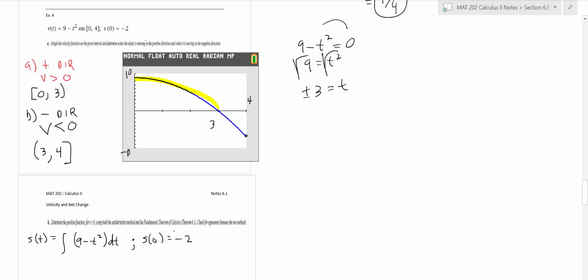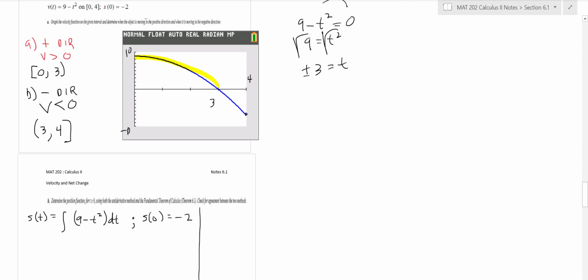So I'm actually going to show you 2 ways to do this problem. One by the theorem, the formula. The other, the way you learned in Calc 1. Now, we're not integrating from 0 to 4. We're not finding the area under the curve. We're finding a function, not a numeric value, so we're not going from 0 to 4.